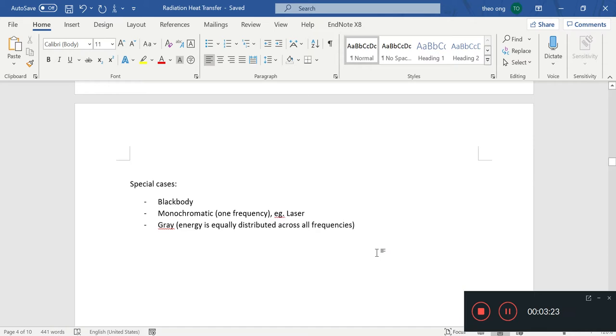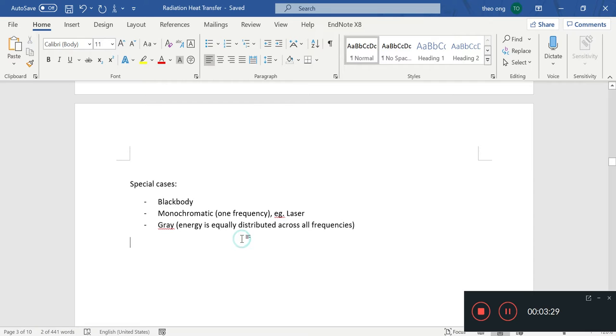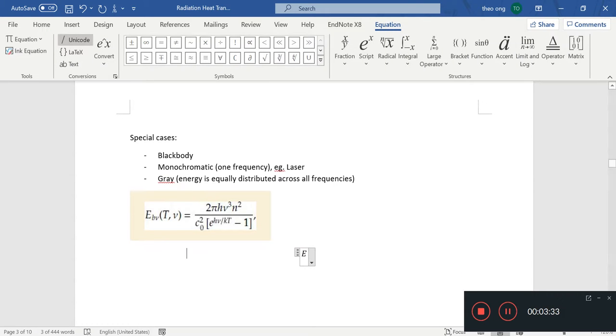Let's talk about blackbody emissions. Let's take a look at each of the terms of this formula. E_bν stands for blackbody, and is based on the frequency. You can see it's mainly based on two parameters here.